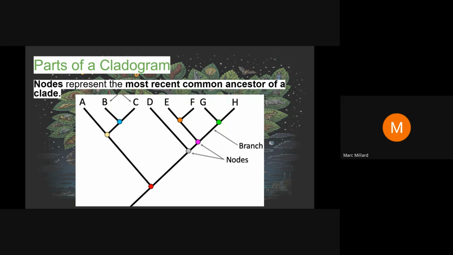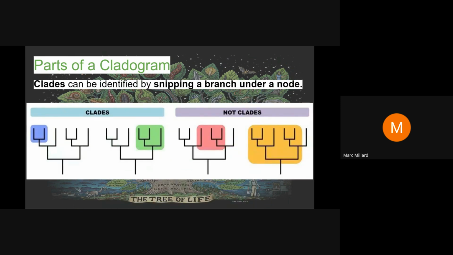And then these are branches. Clades can be identified by snipping a branch under a node. So for example, this is an area where we have a node here, and then it branches off into these 2. Or we can have something larger like this over here.